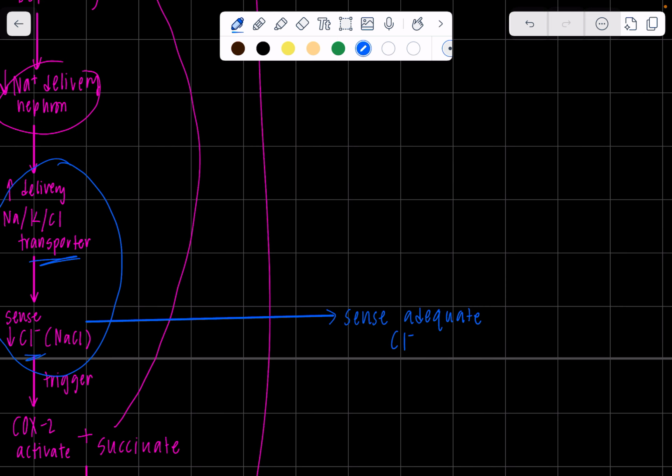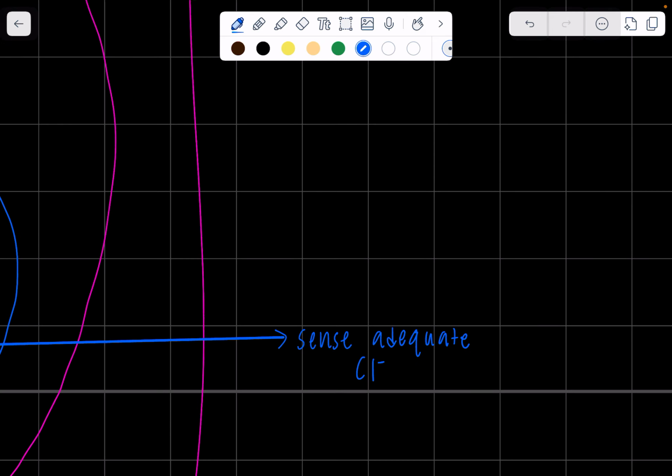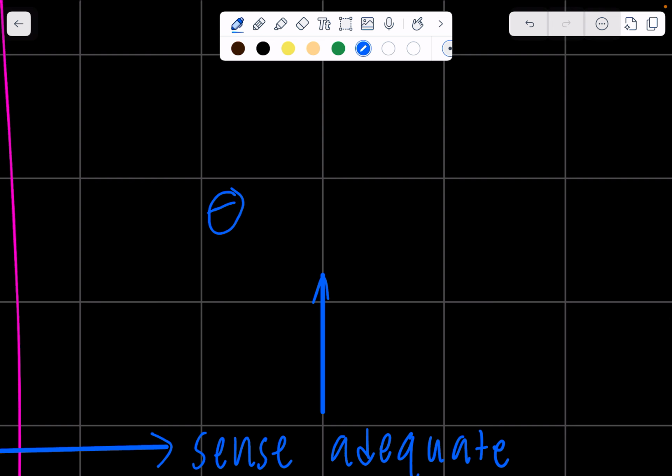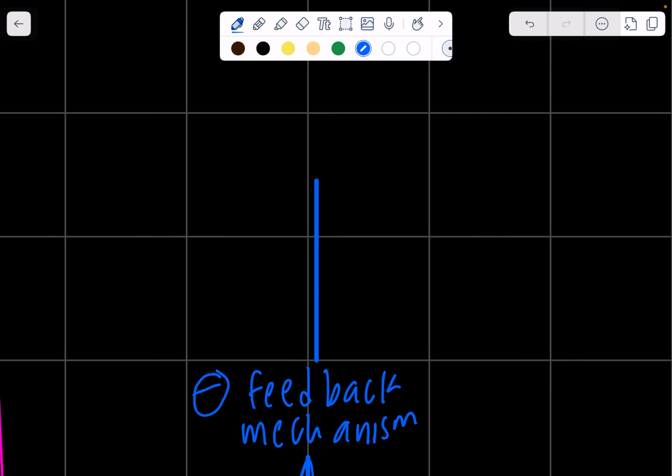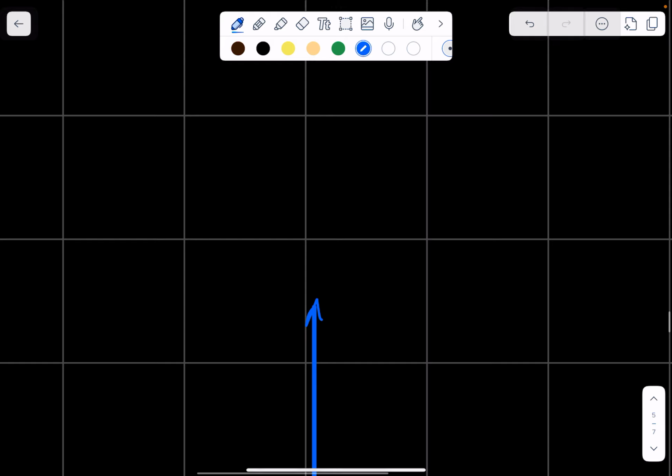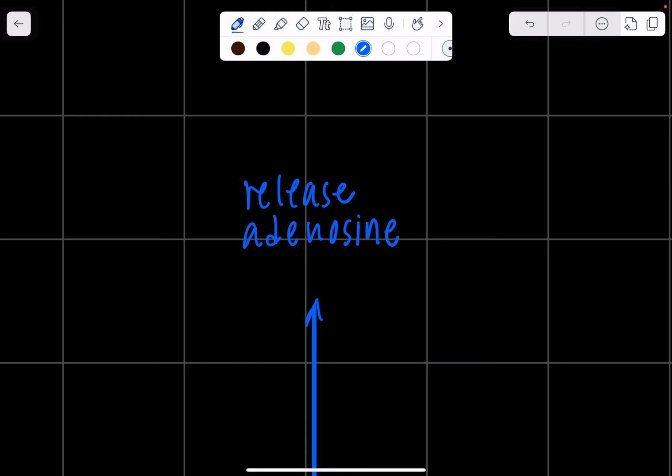And what that does is it triggers a negative feedback mechanism, okay? So when it triggers that negative feedback mechanism, what happens is our macula densa is going to release adenosine, okay? The source of that is our macula densa, located in our distal convoluted tubule.